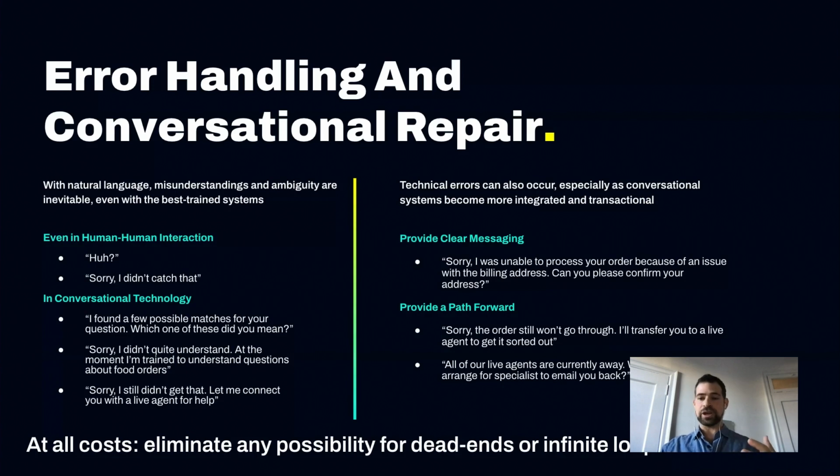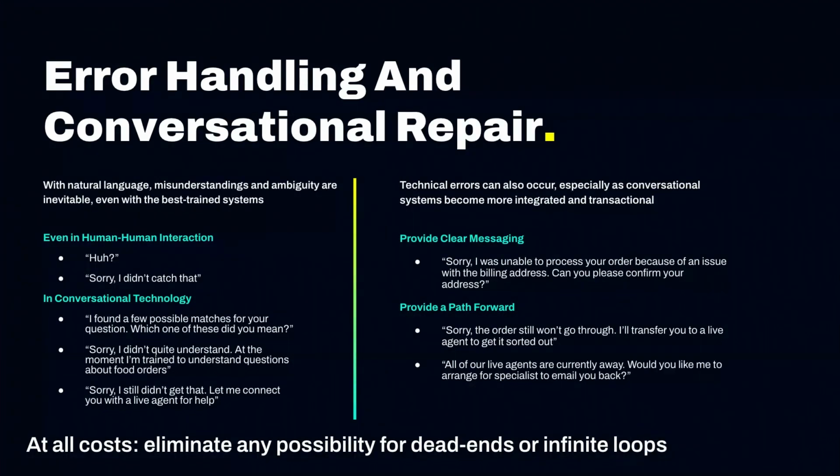Or, also if there's just a continual misunderstanding and maybe you're not asking about this or that, always make sure that there's a way out. No dead ends, no infinite loops. So give an alternative means to get the answer you need, have built-in logic to escalate when appropriate. It's very important, because we've all been there where we've been stuck in the dead end in the infinite loop. And that's the purgatory we want to get away from.